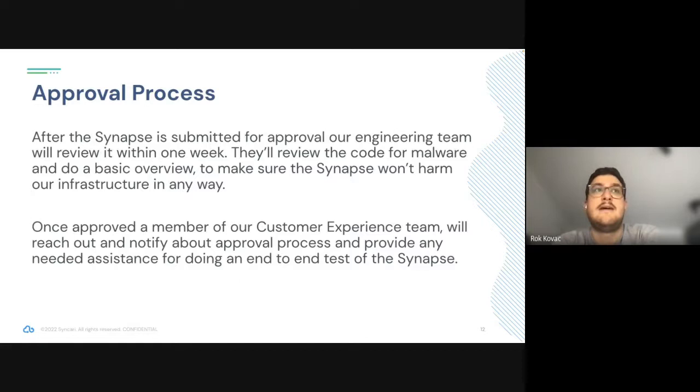Once our engineering team approves the Synapse, you'll be notified by somebody on our customer experience side, and then we'll work together to make sure that the Synapse is working. We'll provide you guidance so that we can make end-to-end tests, preferably in a sandbox environment, so that we can all make sure that any functions you implemented in the custom Synapse are actually working to your expectations.